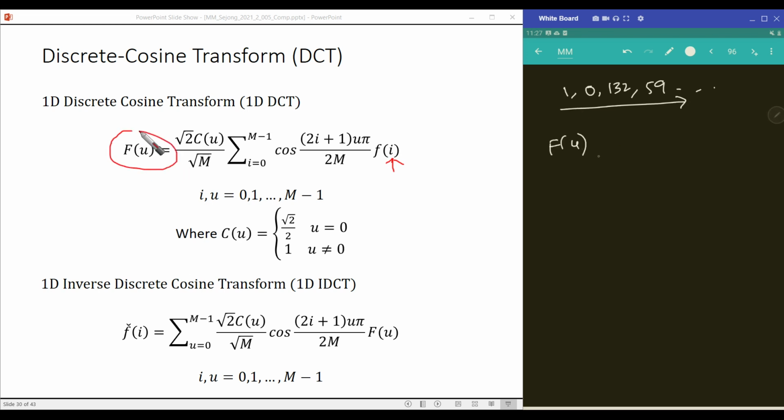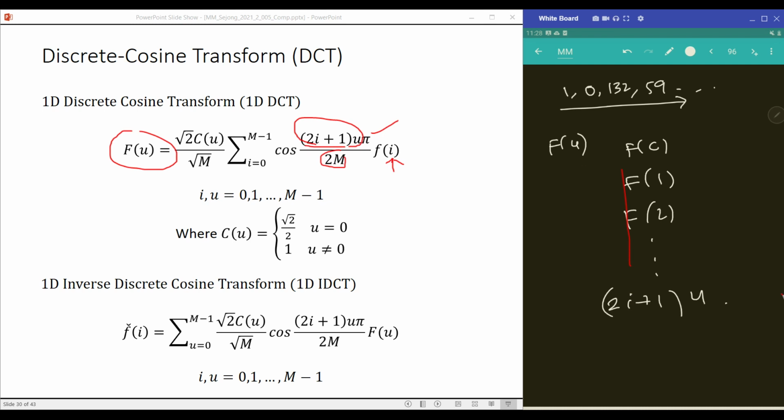First calculate f0, then f1, then f2, and as you move rightwards or downward and calculate the higher numbers, you see these values increasing, right? In 2i plus 1 multiplied by u, pi is a constant and 2m is a constant. But how about 2i plus 1 multiplied by u?